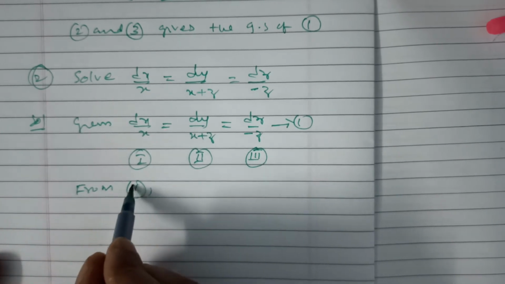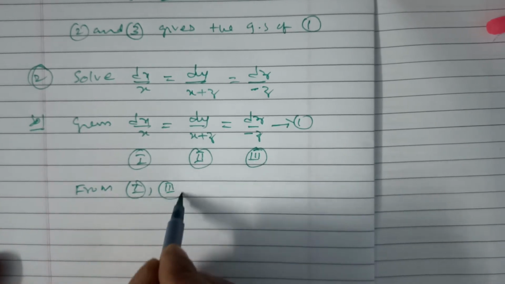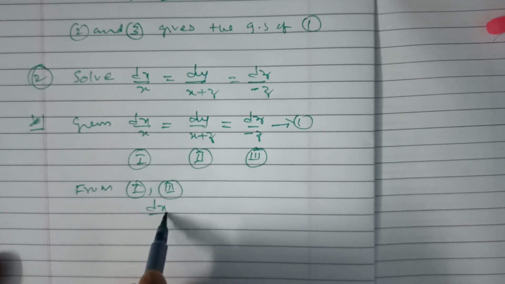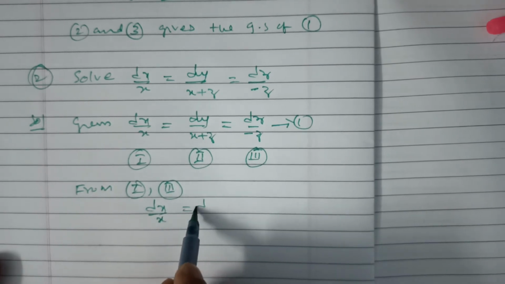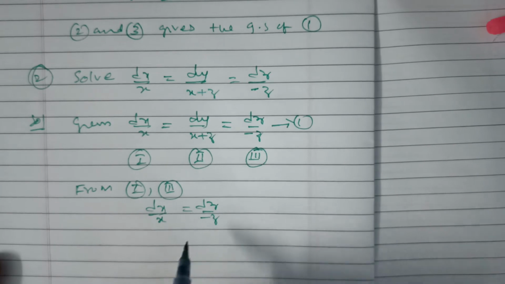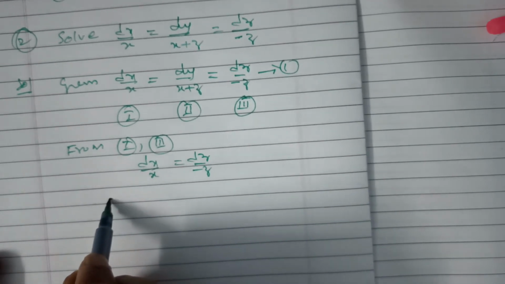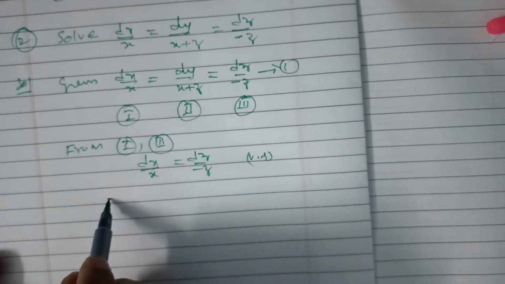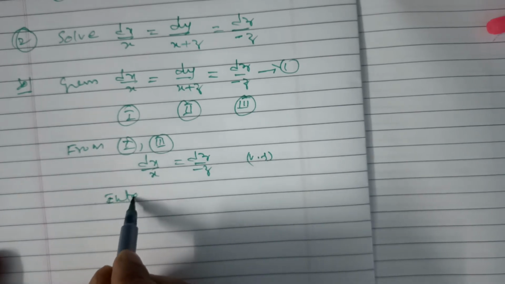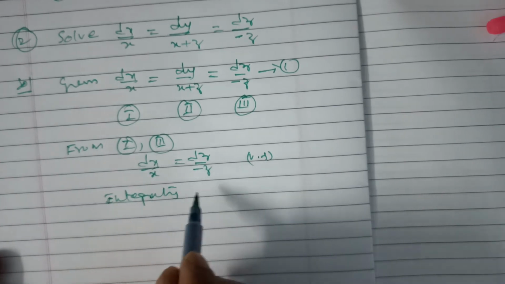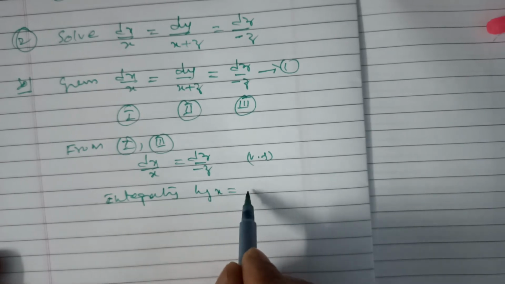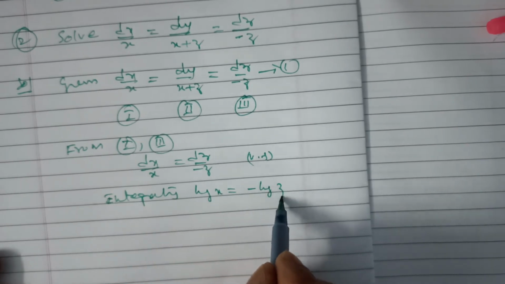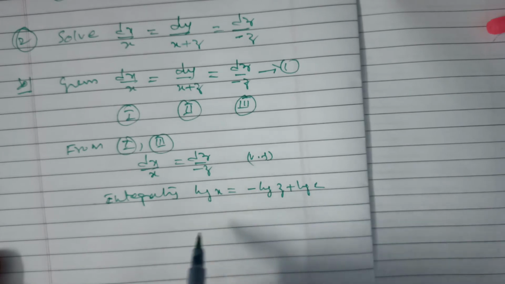From Roman 1, Roman 3, dx by x is equal to dz by minus z, so this is variable separable form. Integrating, log x is equal to minus log z plus log c.